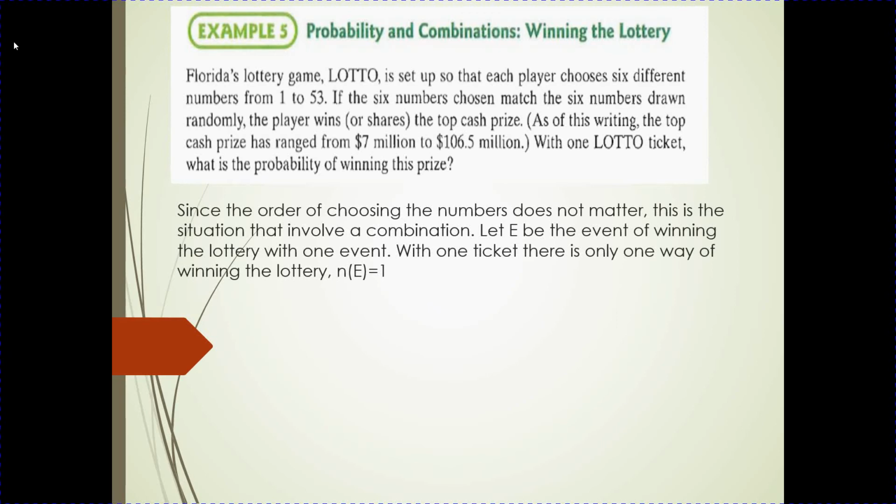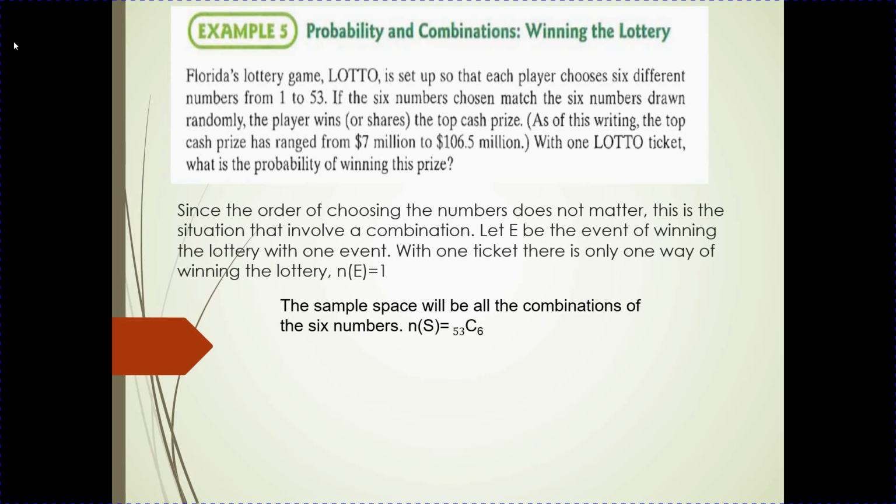So if we let E be the event of winning the lottery with one ticket, since in one ticket there is only one way of winning, the number of events will be 1. And the total sample space will be the combination of these 6 numbers from 53, so it will be 53C6.